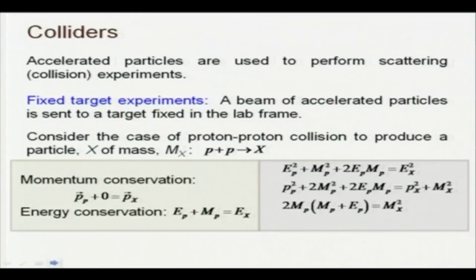So, that makes it 2 Mp square, plus the last term 2 Ep Mp, is equal to Ex square, which is Px square plus Mx square. To be completely correct, I should have put the powers of c along with this.